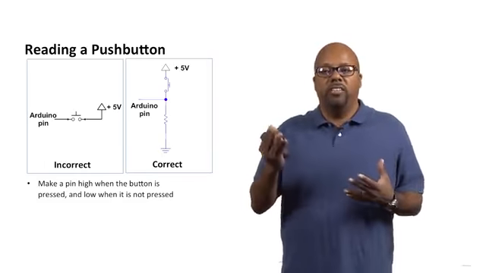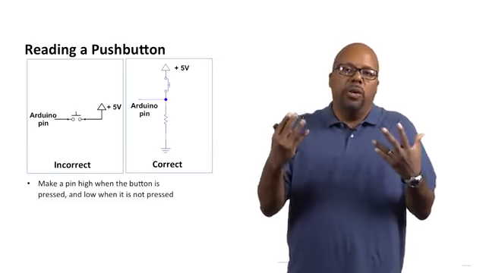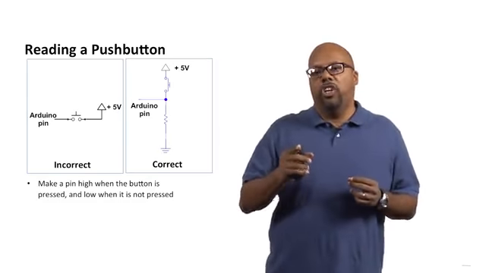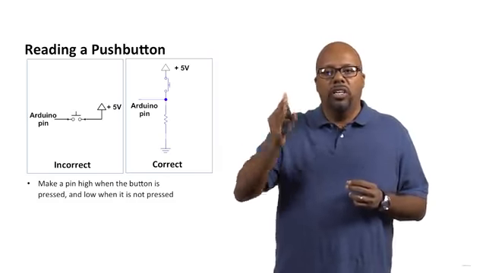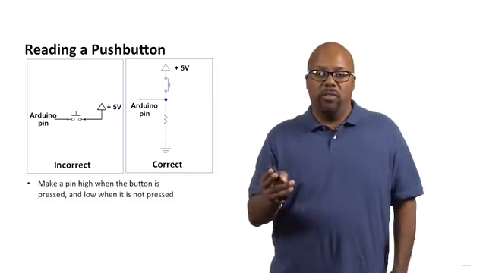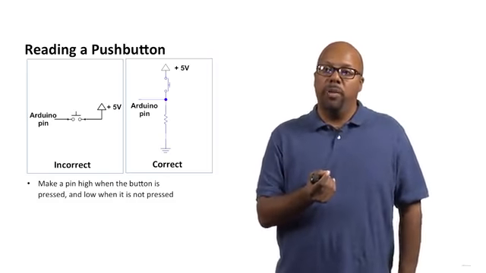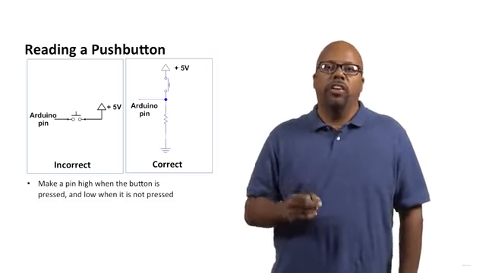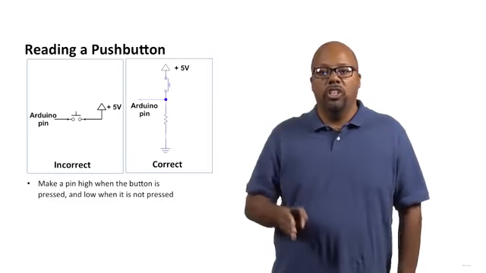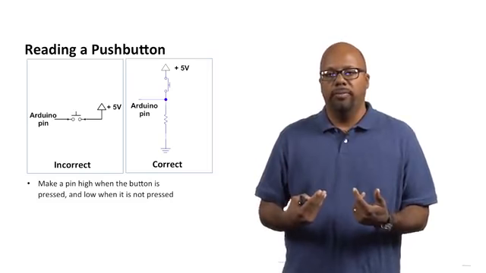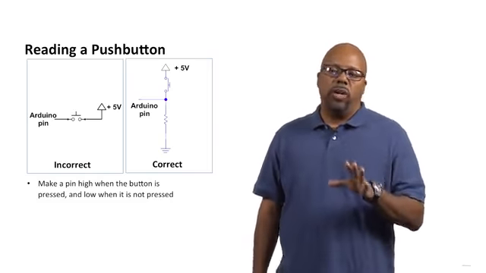Because the Arduino pin is connected to 5 volts, so when you press the button, the Arduino pin reads high. And notice that the current flow will go from power straight to ground through that resistor. See that resistor down there? It'll go through that resistor. Now, a little bit of current will flow into the Arduino pin, but only very little. The majority of the current will go straight from power to ground. The Arduino pins are made not to take too much current. Okay, so that's what happens when the button's pressed.